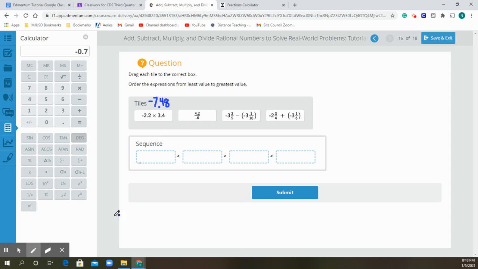So this one is negative 0.7. All right, so of those two, which one's least? Well, this one has something in the whole number range, and this one has 0 in the whole number range. Okay.